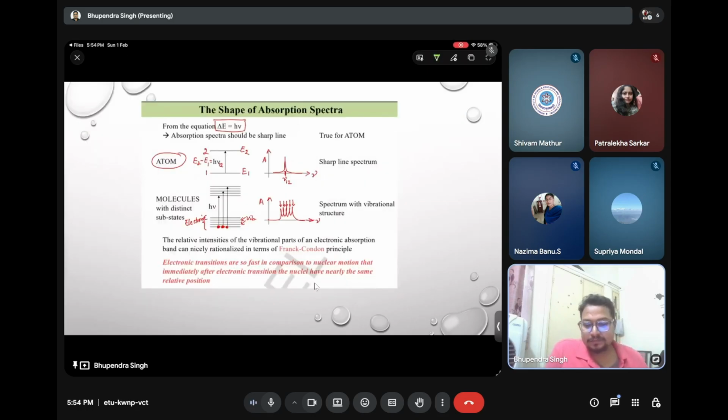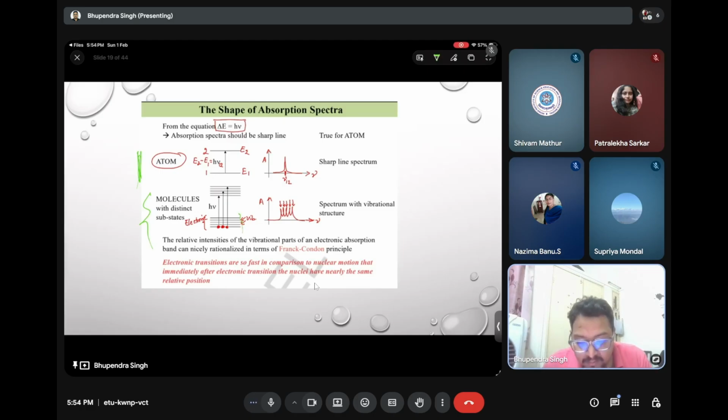For the atomic case, I have already explained like this. In this case, the absorption will come at only one wavelength, right? Because of the sharp, only one transition is there. But when it is a molecule, a lot of vibrational states and rotational states are there, as depicted here. These are the vibrational states.